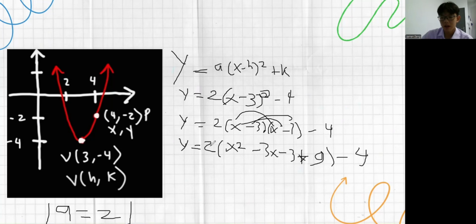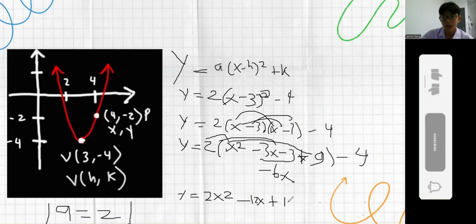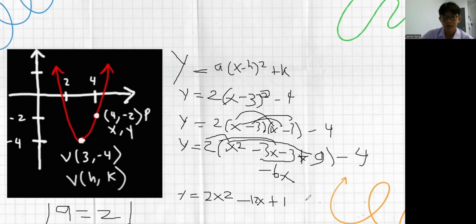So something like this, 2 times it. And then all we have to do is multiply this. This will become -6x, and multiplying through, we finally are left with 2x squared minus 12x plus 18, since 2 times 9 is 18, minus 4 is 14.